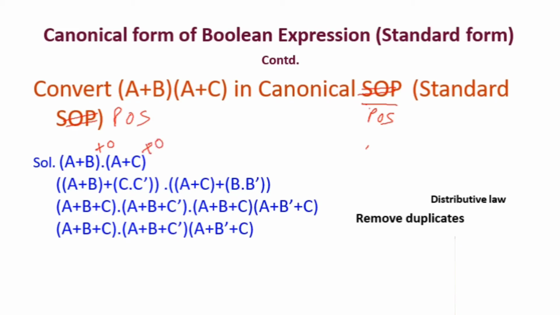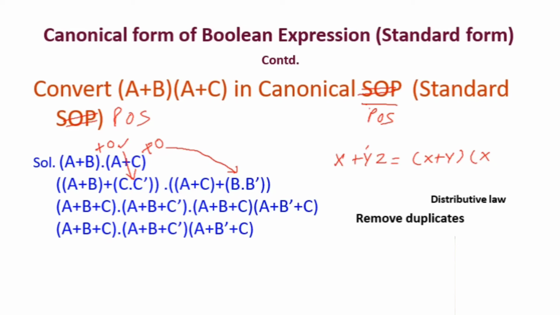Adding a 0 to a sum will not affect the sum, and then replacing this 0 by the missing variable. So this 0 is replaced here by C dot C bar, and here this 0 is replaced by B dot B bar. Okay, so then applying the distributive law, so x plus yz is equal to x plus y into x plus z.